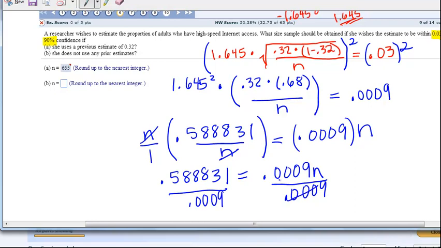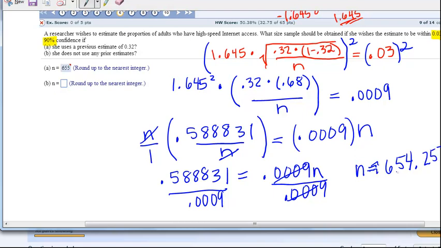Cancel these out. And then let's see, I'm coming up with n equal to around 654.257.